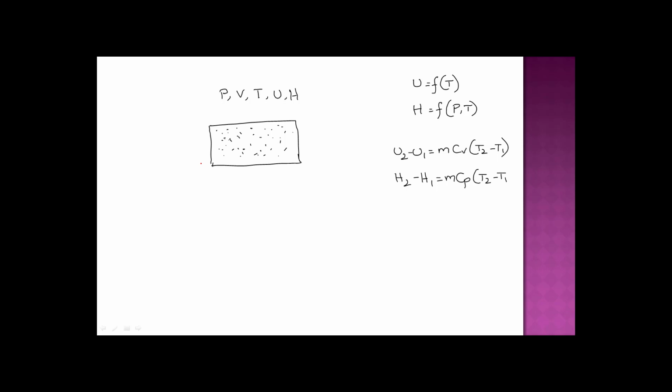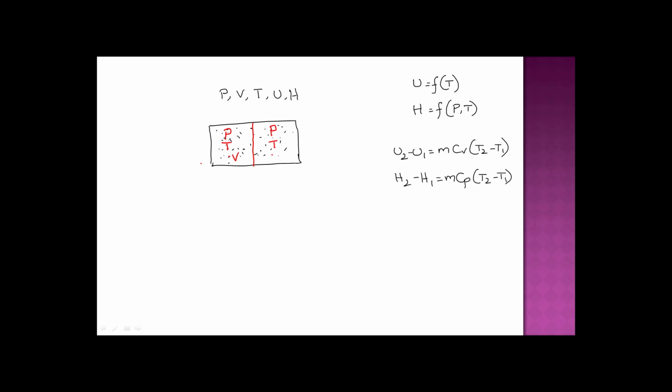Now suppose I place a partition in between this vessel. The pressure in this chamber and in that chamber will be the same. The temperature in both chambers will be the same, whereas the volume in this chamber will be different from the volume in that chamber.